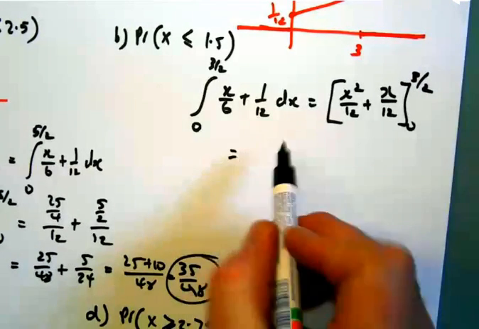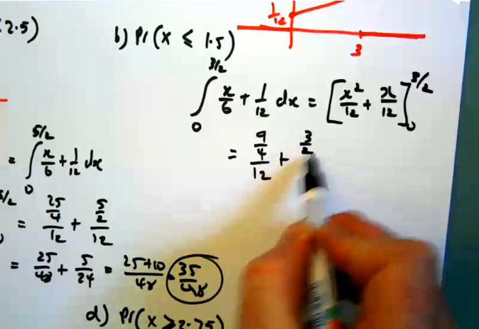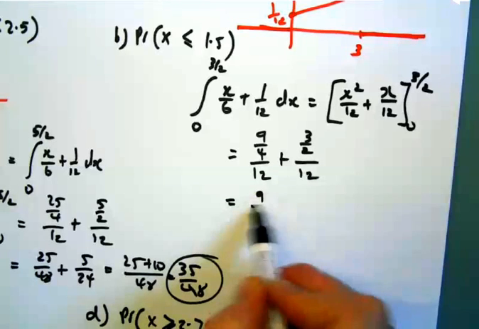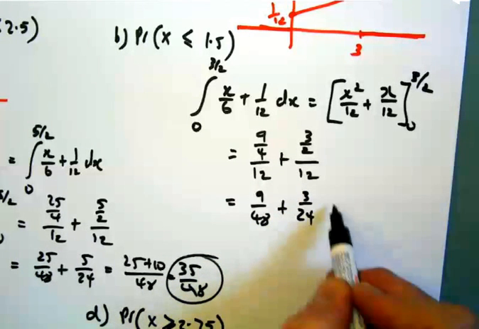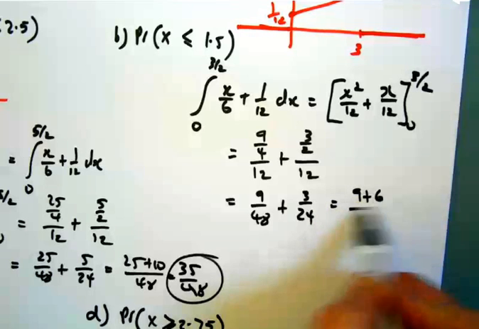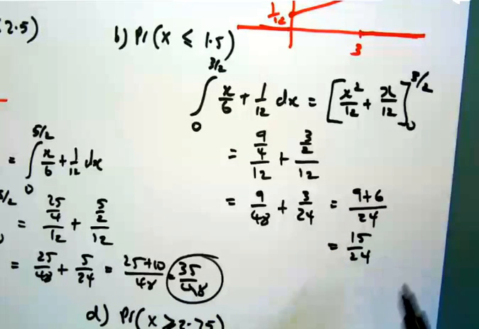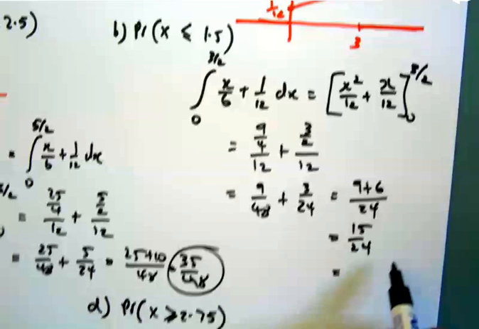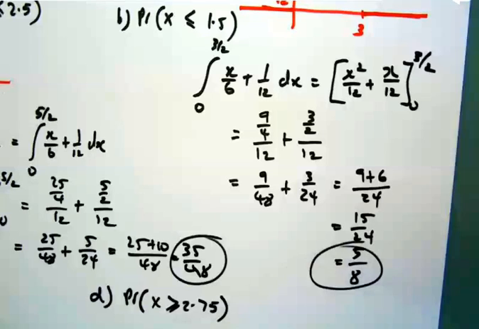It's going to equal 9 on 4 on 12 plus 3 on 2 on 12, which is going to be 9 on 48 plus 3 on 24, which is 9 plus 6 on 24, which is 15 on 24, and 3 goes into 15 5 times, and 3 goes into 24 8. So 5/8 is going to be my answer.